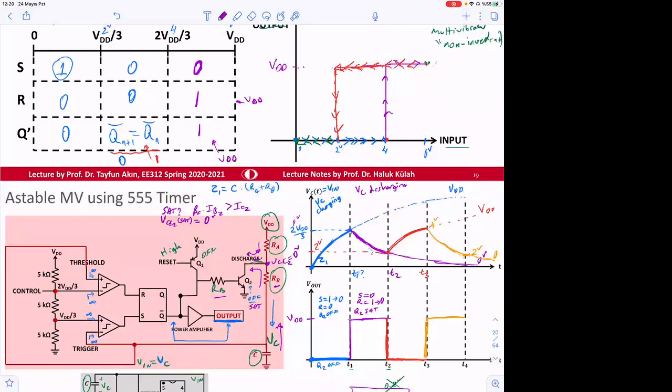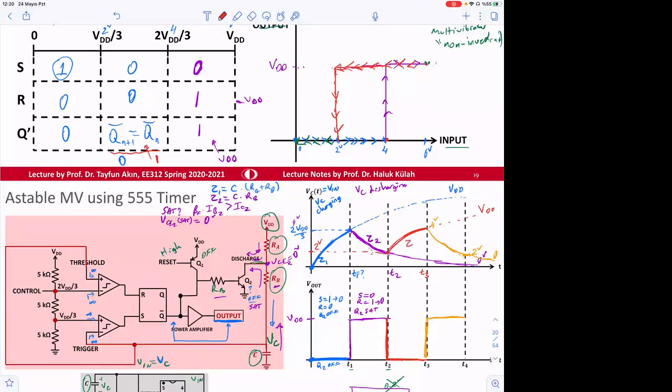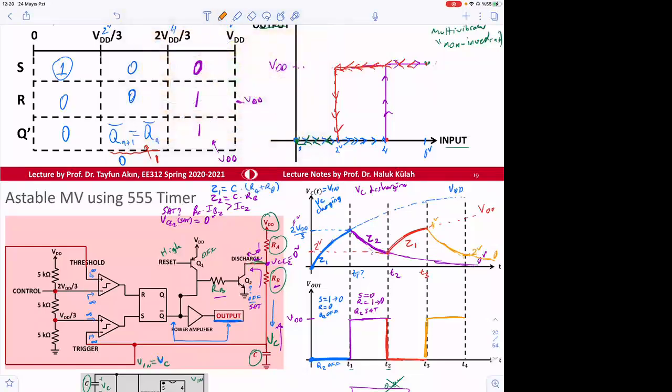Remember, it was discharging through RB. So let's call this time constant tau2. Tau2 is going to be C times RB. While it's charging, this is tau1. While it's discharging, it's going to be tau2.